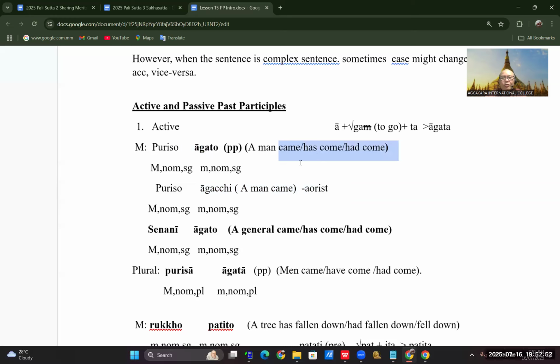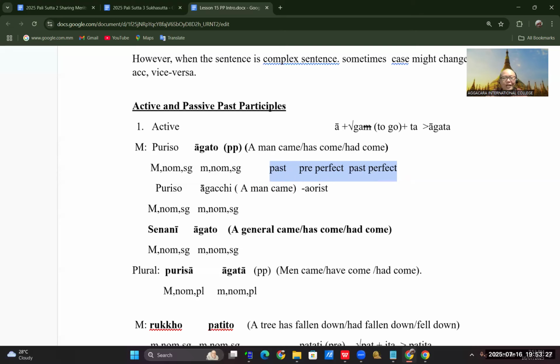Now, the came can actually be like past tense. Has come will be, how do you call it? Past perfect, right? No, present perfect. And had come will be past perfect. It's actually kind of like learning Pali together with English. I remember when I learned this past participle, the teacher was talking about all this with English grammar, so I took some time to figure out what is past tense, present perfect, or past perfect, whatever.